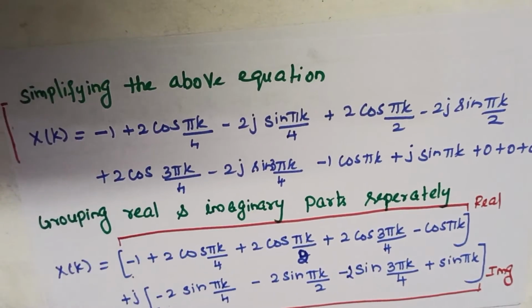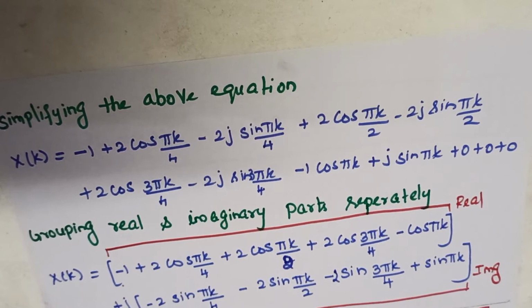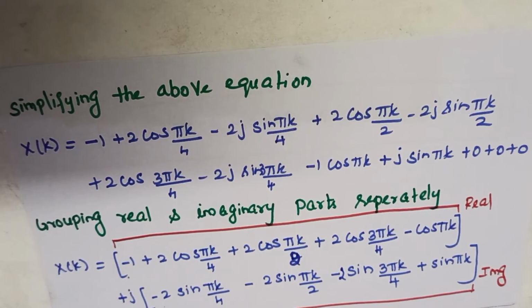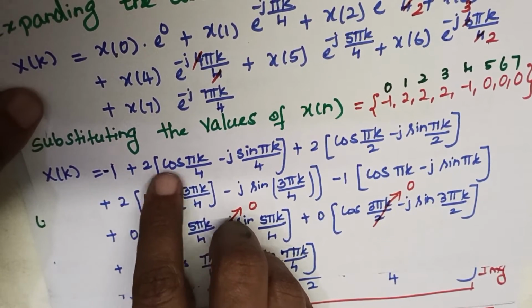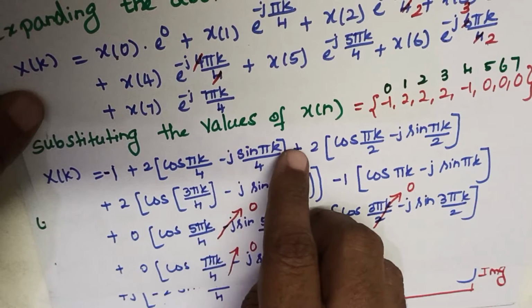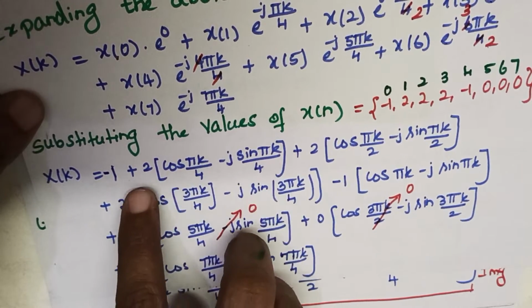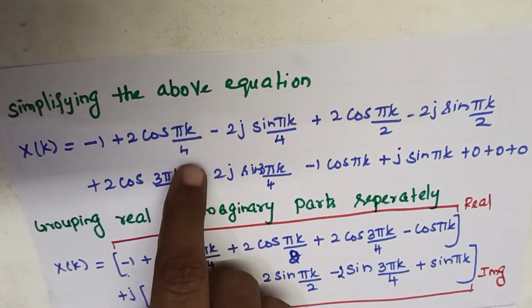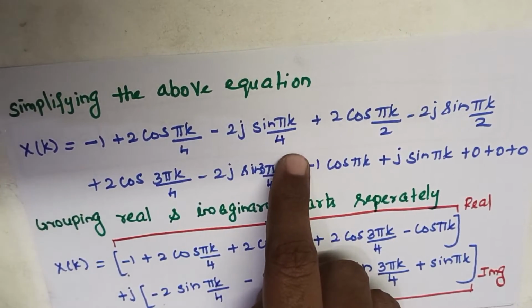Moving forward, the next step, we are going to simplify the previously written equation. The previously written equation, we had minus 1 plus 2 cos pi k by 4 minus j sin pi k by 4. We are going to multiply this 2 inside this bracket terms. So we can write it as minus 1 plus 2 cos pi k by 4 minus 2j sin pi k by 4.